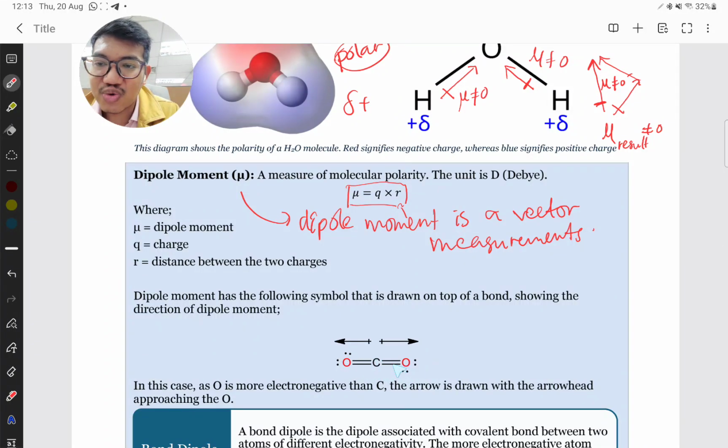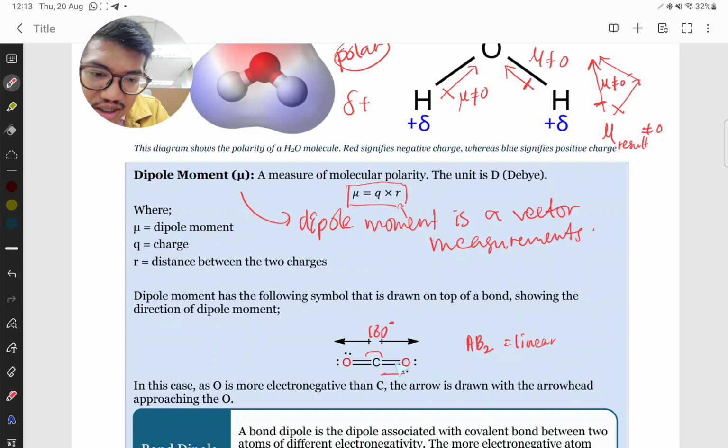We have CO2. If we look at this CO2, this is AB2. Okay, this would be its molecular shape. Its class is AB2, which means the shape is linear. It means the angle here is 180 degrees. And we look here, carbon to oxygen.